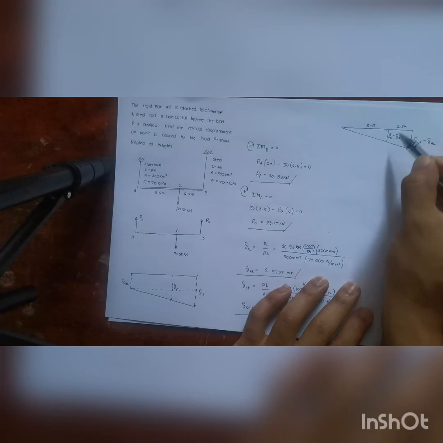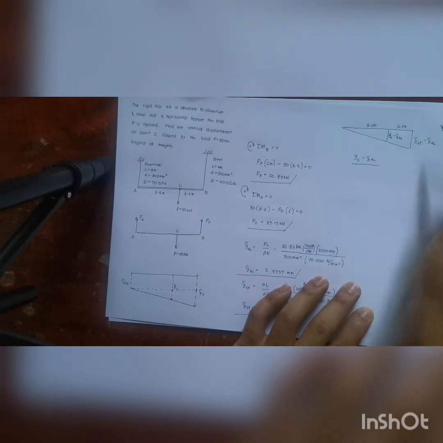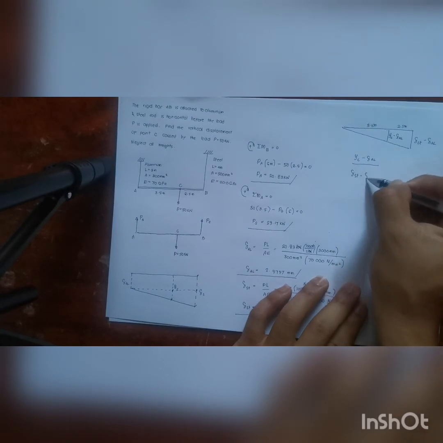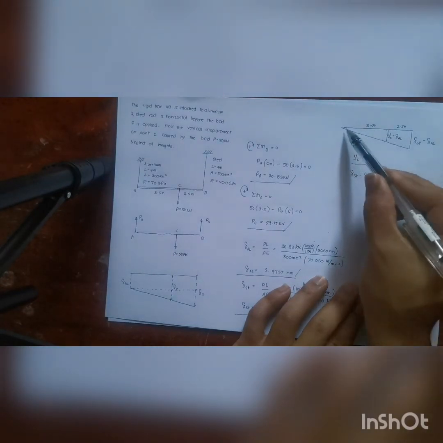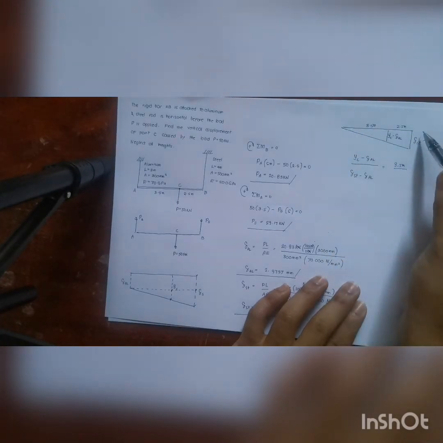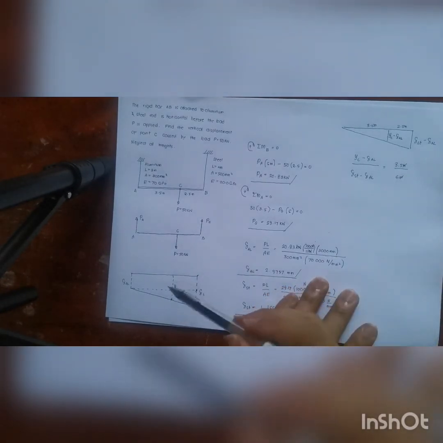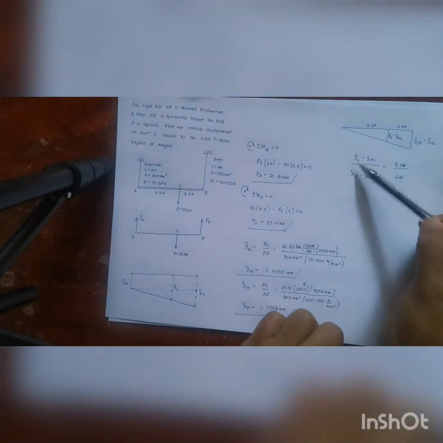So the base of a smaller triangle corresponds to the base of larger triangle, equivalent to the height of smaller triangle, 3.5 meters, corresponds to the height of larger triangle, a total of 6 meters. Cancel po yun. Ang kinukuha po natin ay yung vertical displacement at point C, which is y of C.